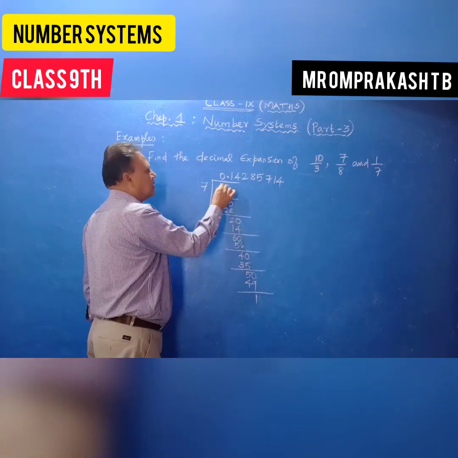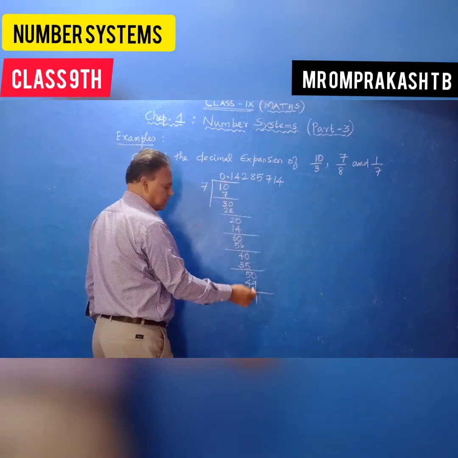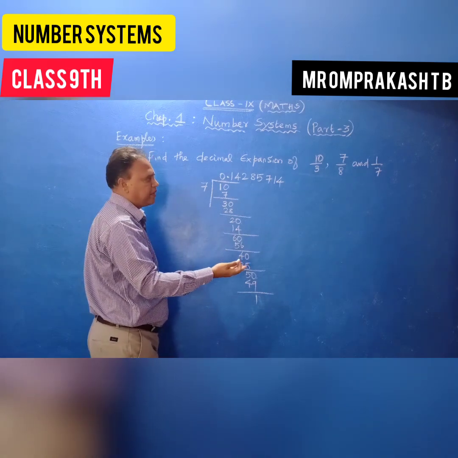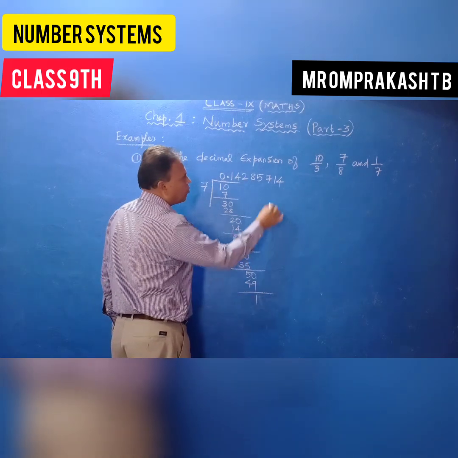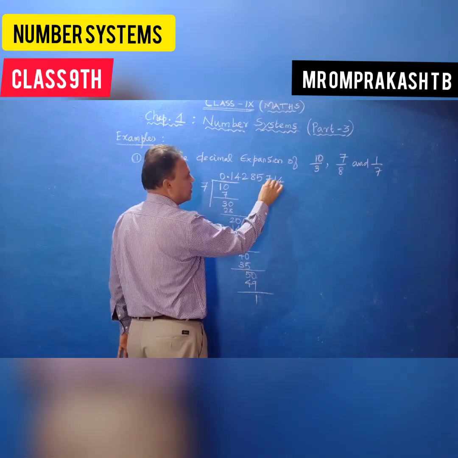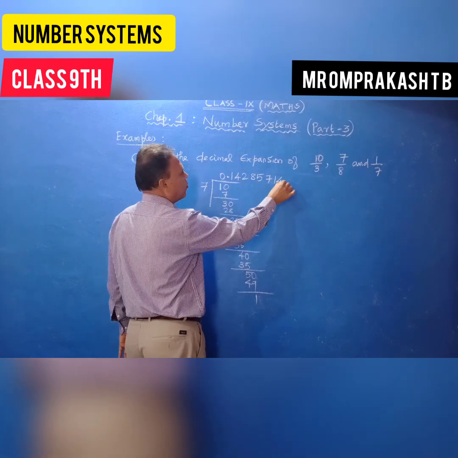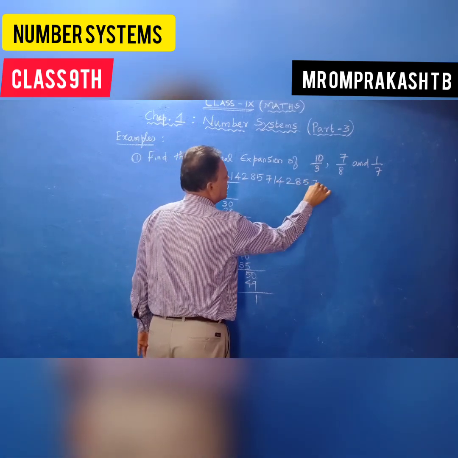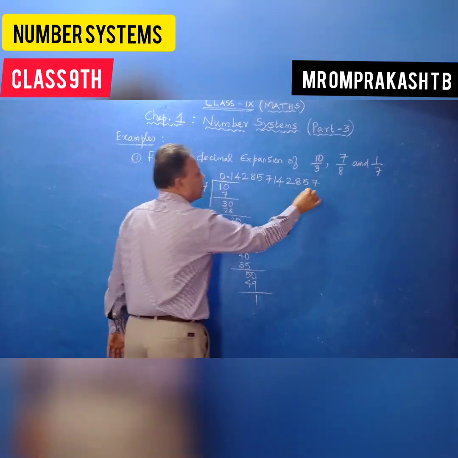Remainder is the same number. Same dividend if you get means you stop it, because again same thing will repeat. If you put 0 means again 1 you will get, again same thing will repeat. Okay, so you can write 1 up to 7, then 1 4 2 8 5 7. It will be going on.